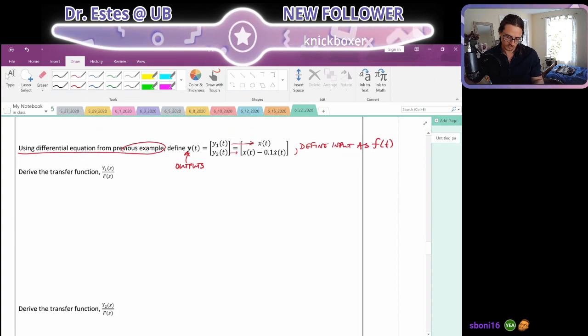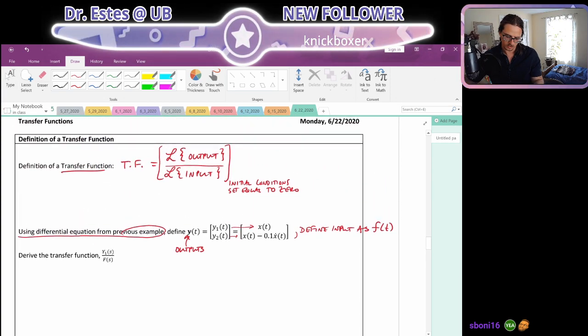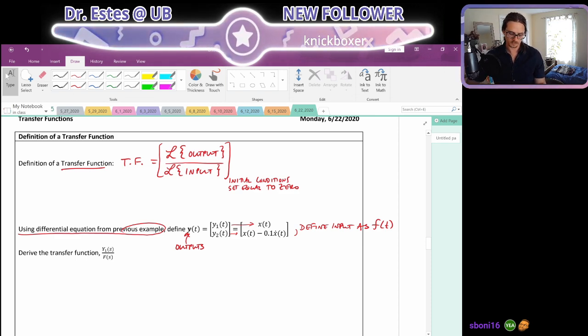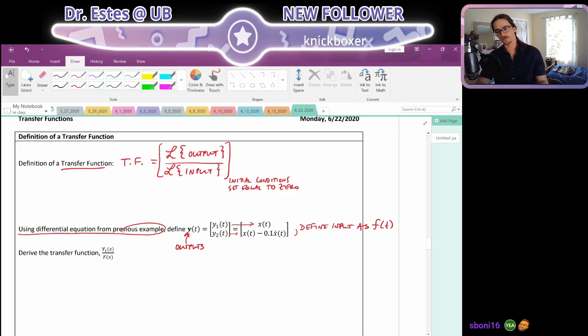There's actually two transfer functions we can make for this system, because a transfer function always relates one output to one input.